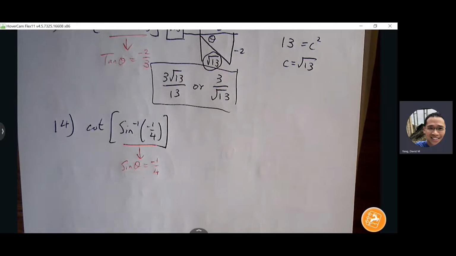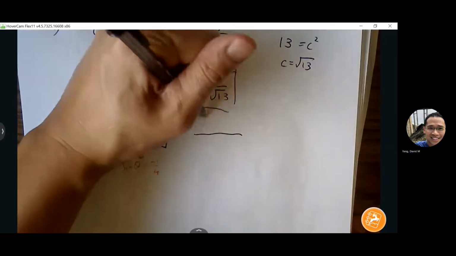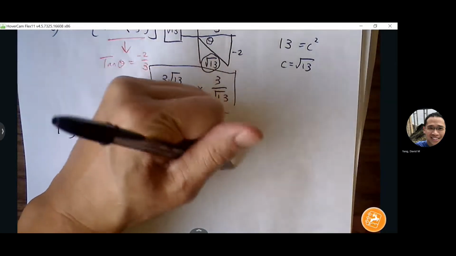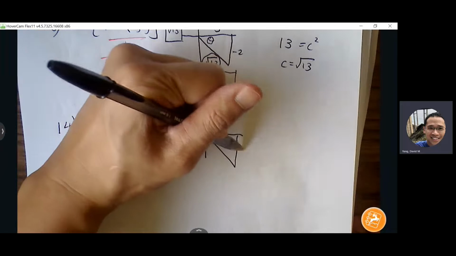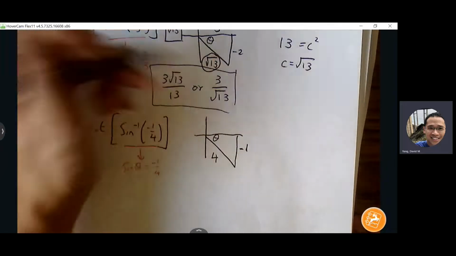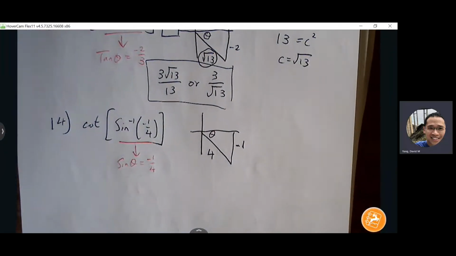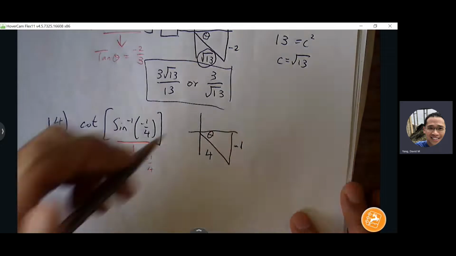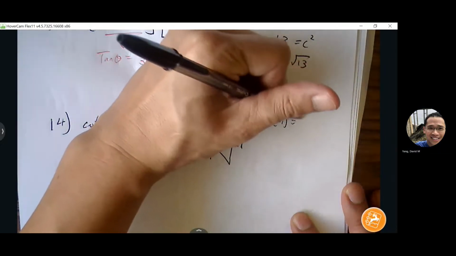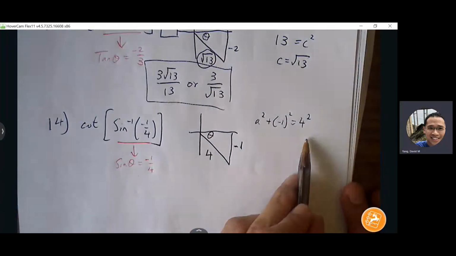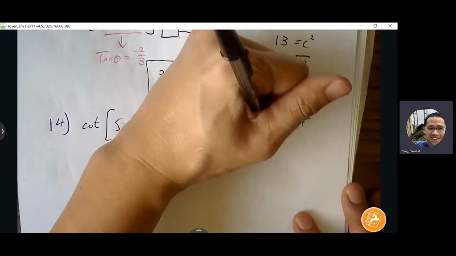Sine is negative, so where do we look? We're in the fourth quadrant. Opposite over hypotenuse. Pythagorean theorem, a squared plus b squared equals c squared. 16 minus 1 is 15.